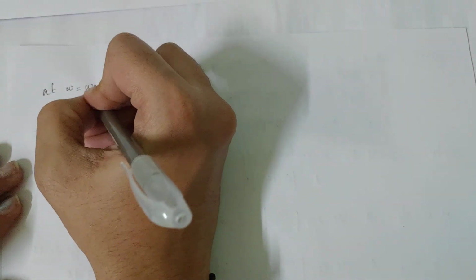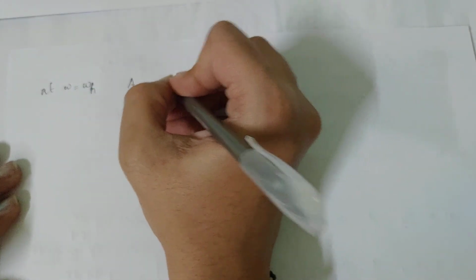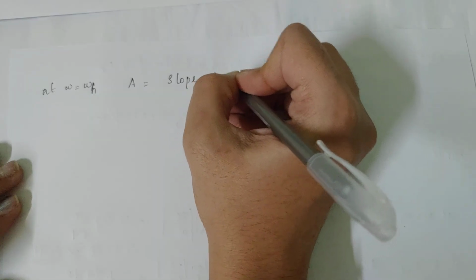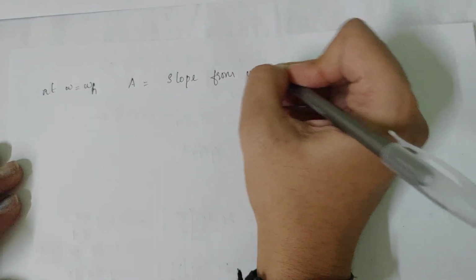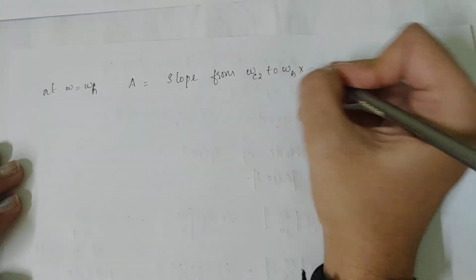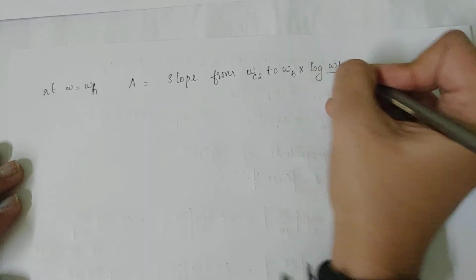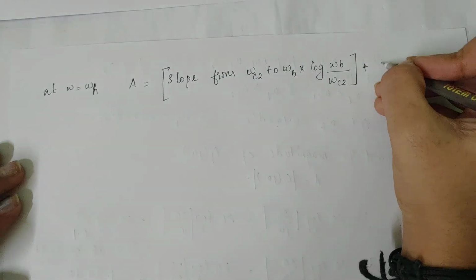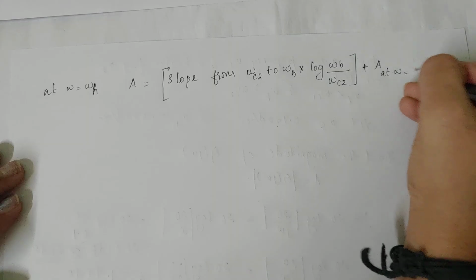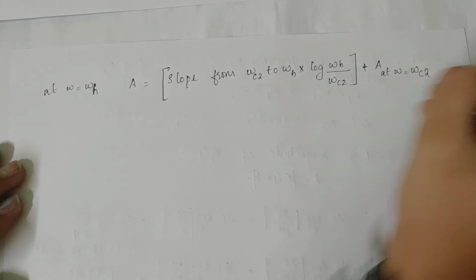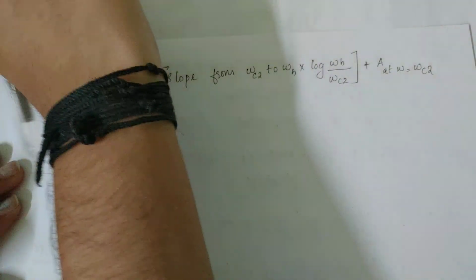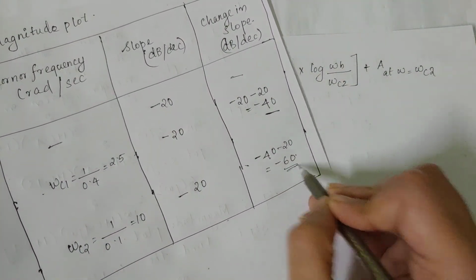Now, at omega is equal to omega h, A is equal to the slope from omega C2 to omega h into log omega h by omega C2 plus A at omega is equal to omega C2. Okay, here the slope is minus 60 dB.